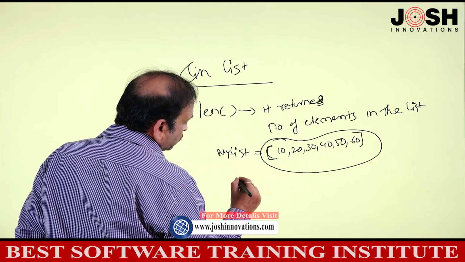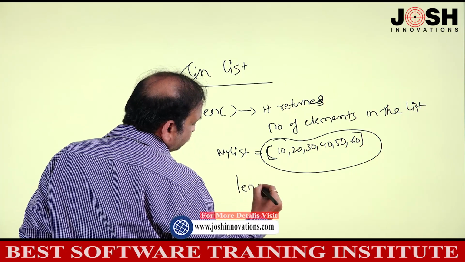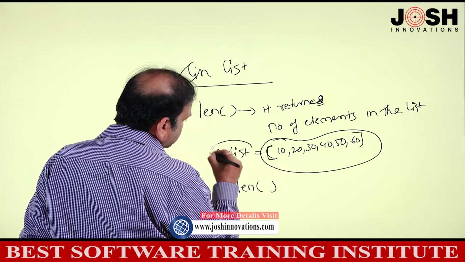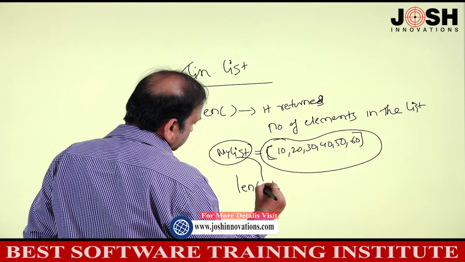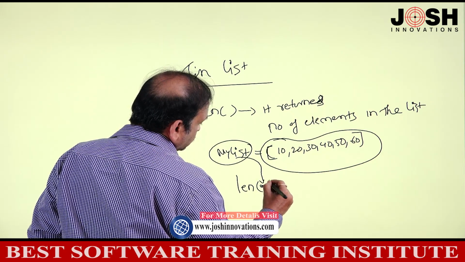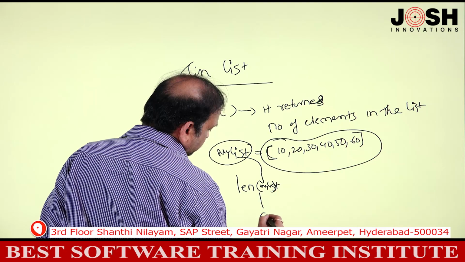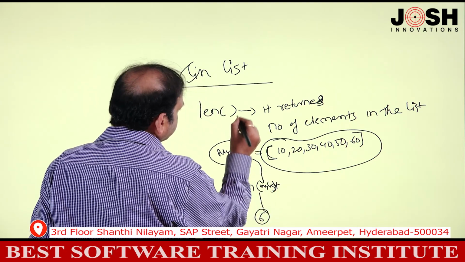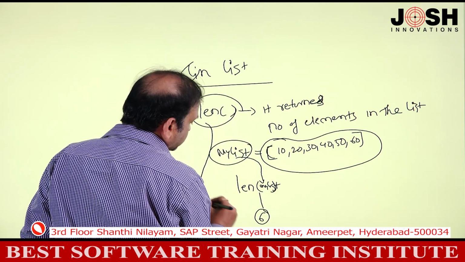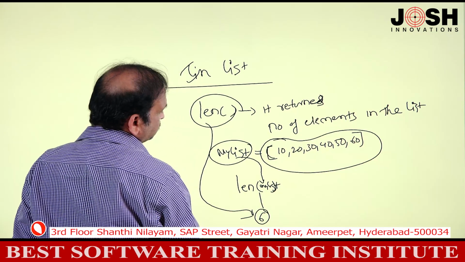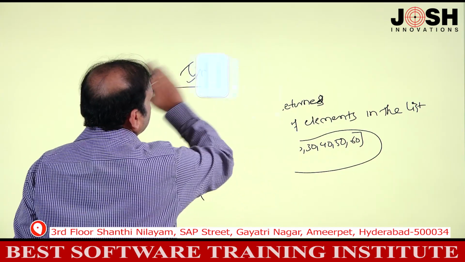So, there is one function called the len function. In the len function, in brackets, pass this my list here. It will calculate how many items are present and it returns 6 items. So this len function returns how many items are present in the list. We will see it practically now.